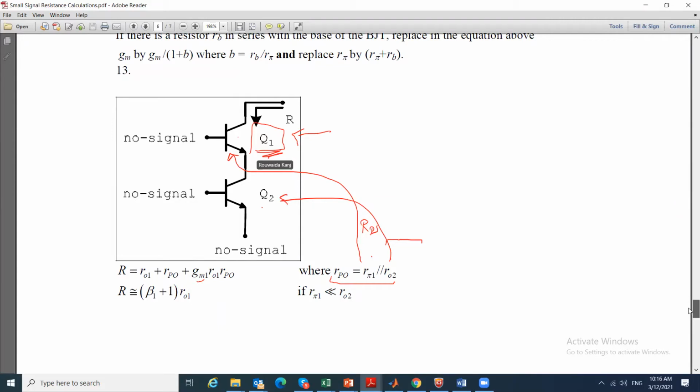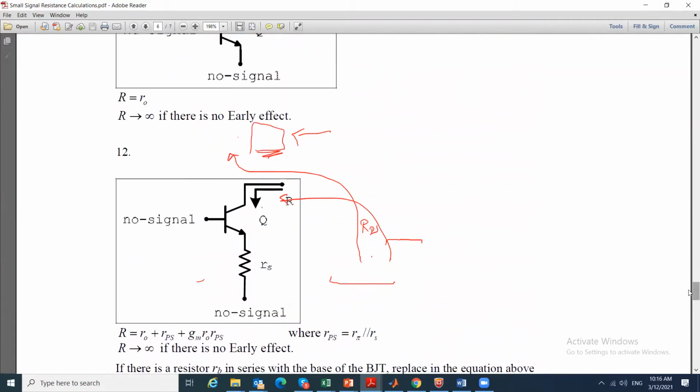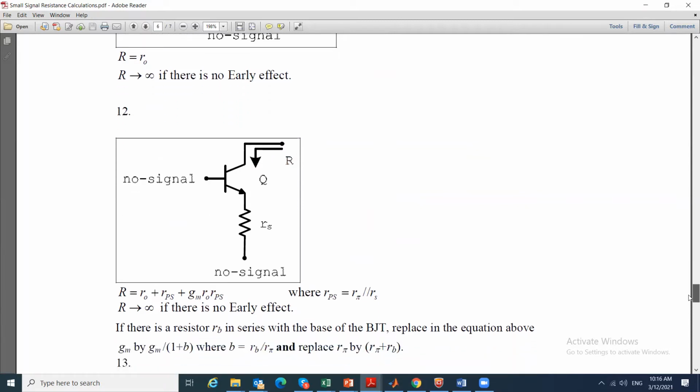And this rhymes very well with this case where he tells you that it is RO, plus RPS, where RP is R pi parallel to RS. So it is really the same. We're just maneuvering the wording and the letters.